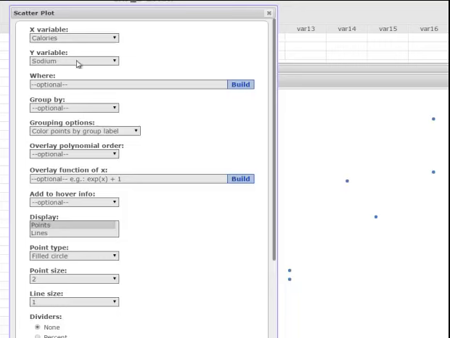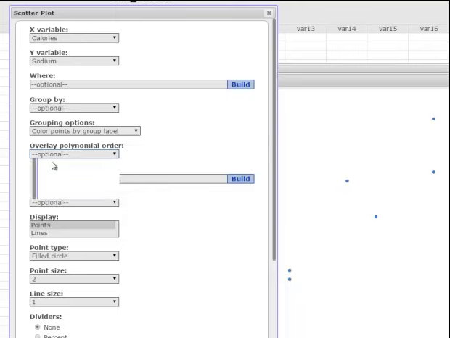If we scroll down to Overlay Polynomial Order, what this means is we want to overlay a polynomial function. In this course, we are looking for a polynomial of degree 1, so we are overlaying a line over the scatter plot.